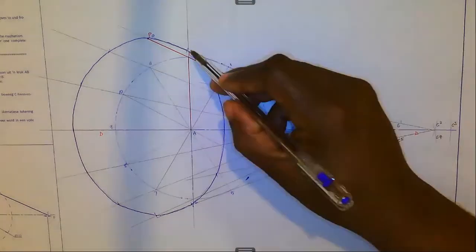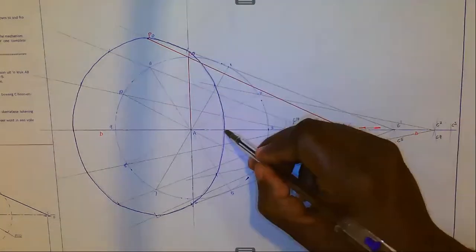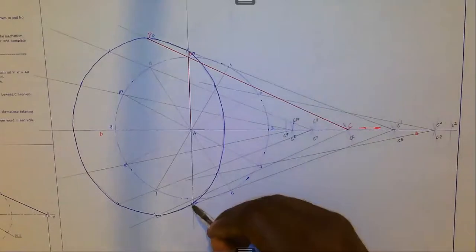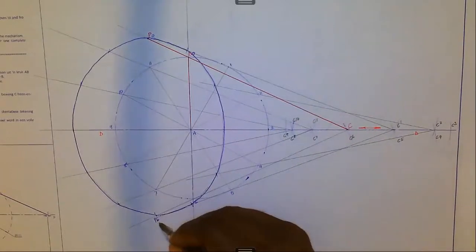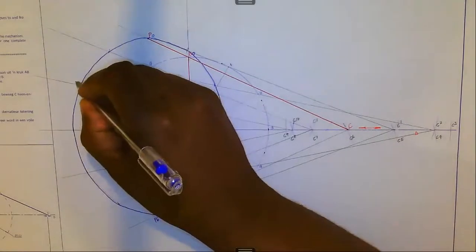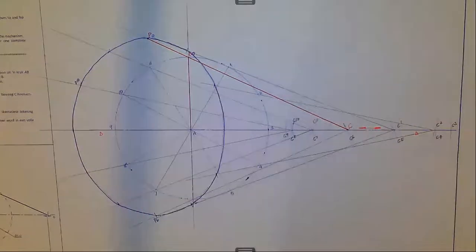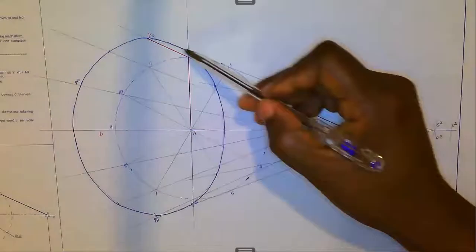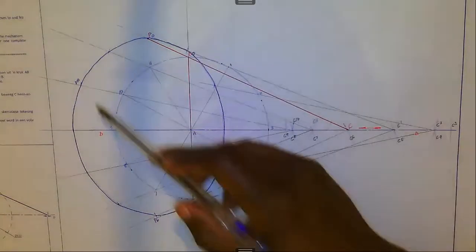So we have got P1, P2, P3, P4, P5, P6, 7, 8, 9, 10. Can just highlight. So P, P1, P6, P10, like that.